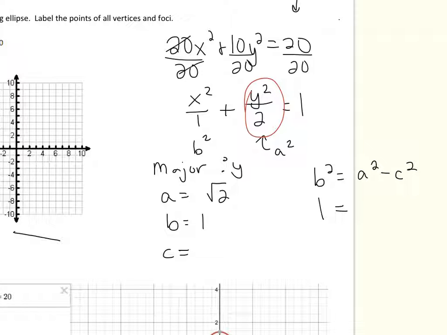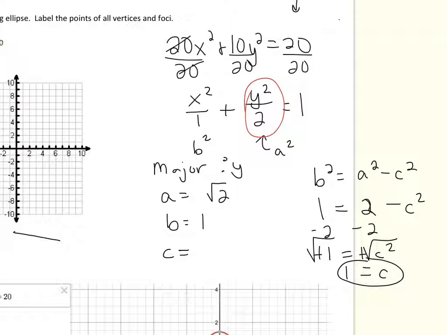The square root of 2 squared is 2, minus c squared. So I'll subtract 2, and we get negative 1 equals negative c squared. Cancel the negative, take the square root, so c is 1. This equation, b squared equals a squared minus c squared, is very important for ellipses.